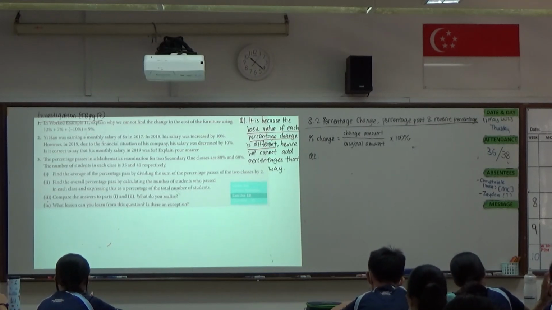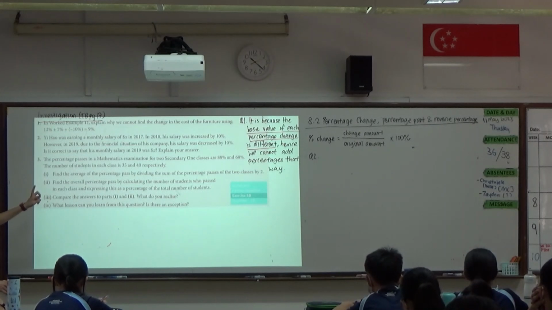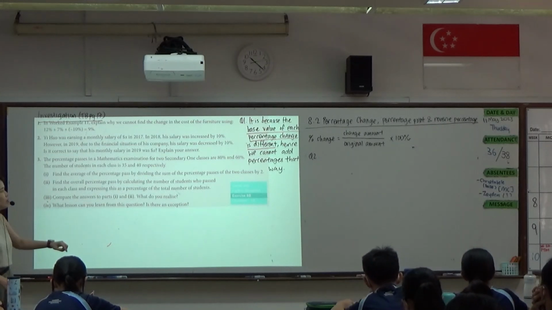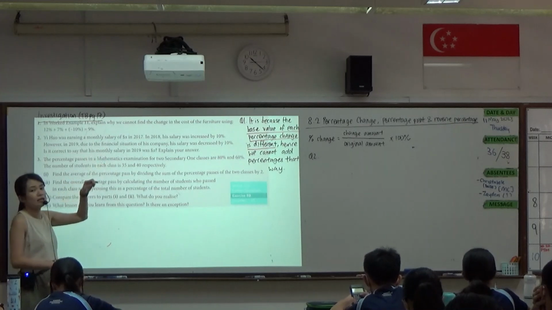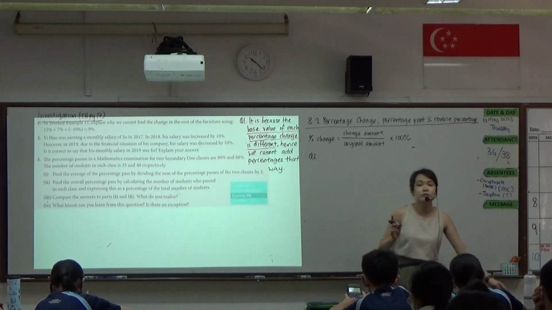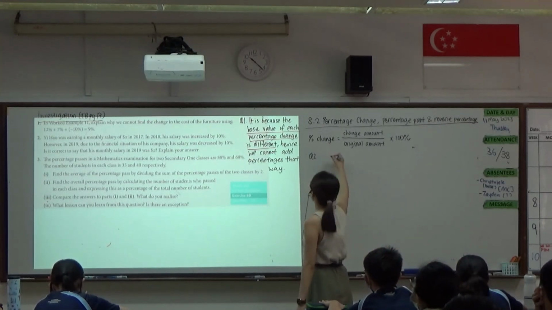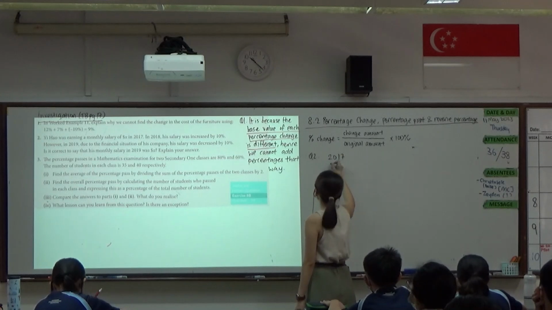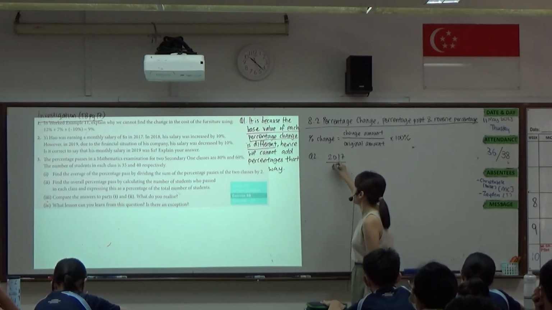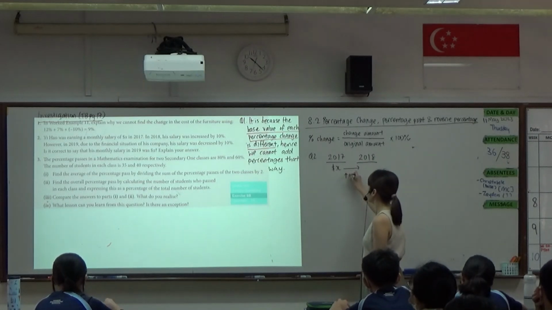dollars in 2017. In 2018, his salary was increased by 10%. However, in 2019, due to a financial situation, the salary decreased. So this was exactly the kind of example I was trying to give yesterday, talking about my own salary. So the question mentioned 2017 is X dollars. 2018 increased by 10%.